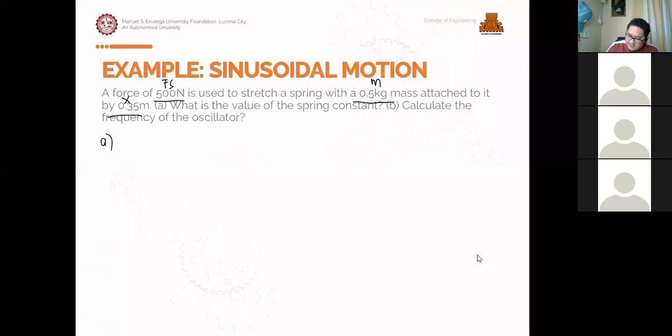Unang tanong, what is the spring constant K? Okay? Anybody kung anong sagot? Value ng K?